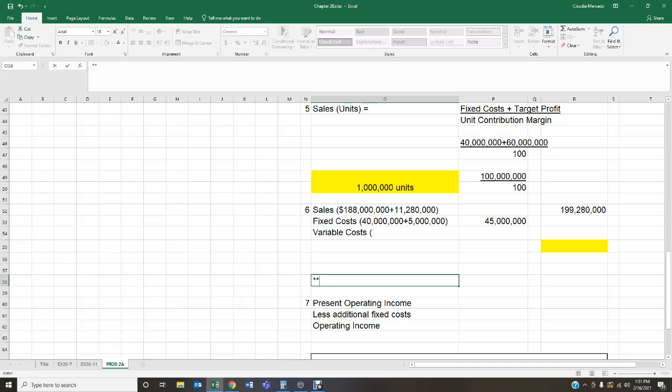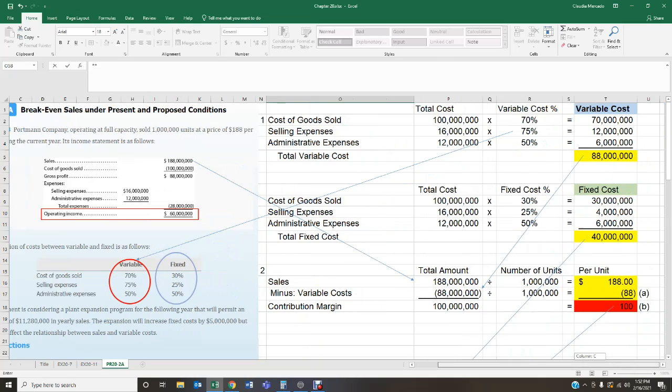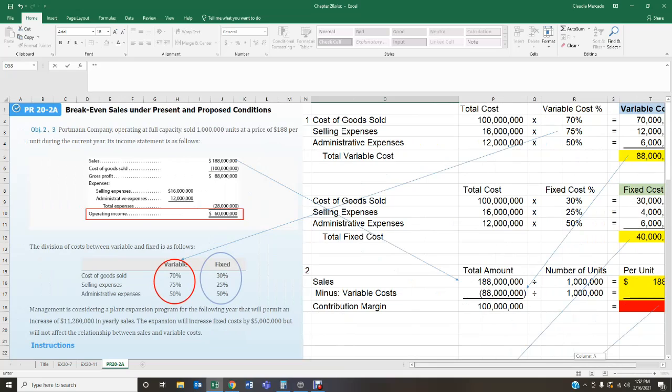So now for my variable cost, I know that, let me see, how can I explain this? Variable cost, fixed cost, variable cost.